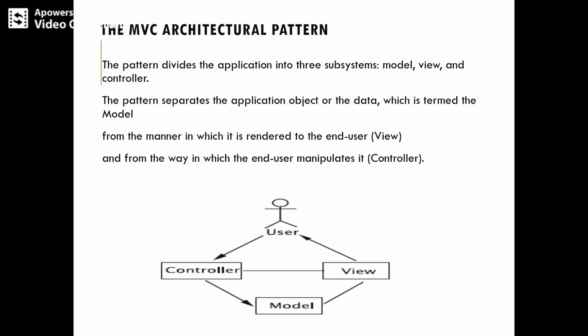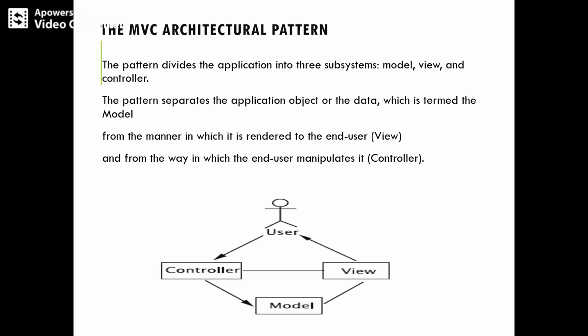This is called the view. So we have a model class, view class, and controller class, and the way in which the end user can manipulate it is called the controller. So this is the end user.